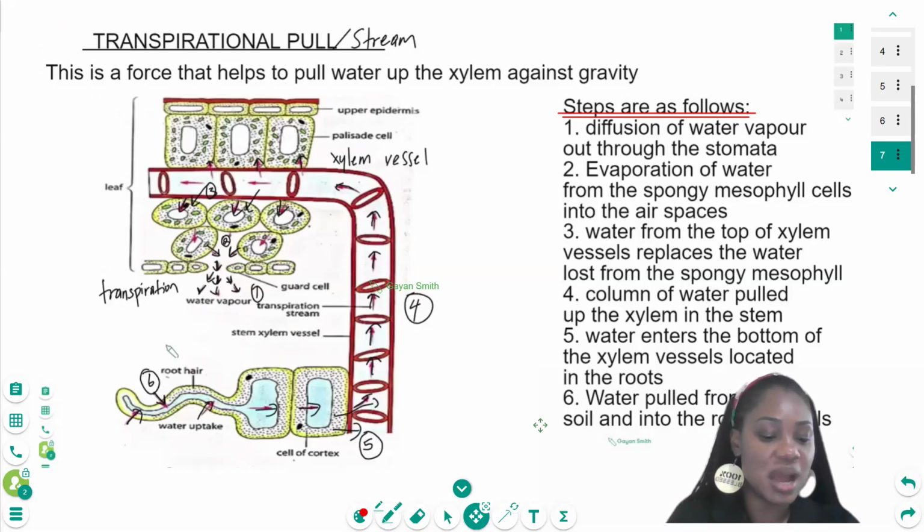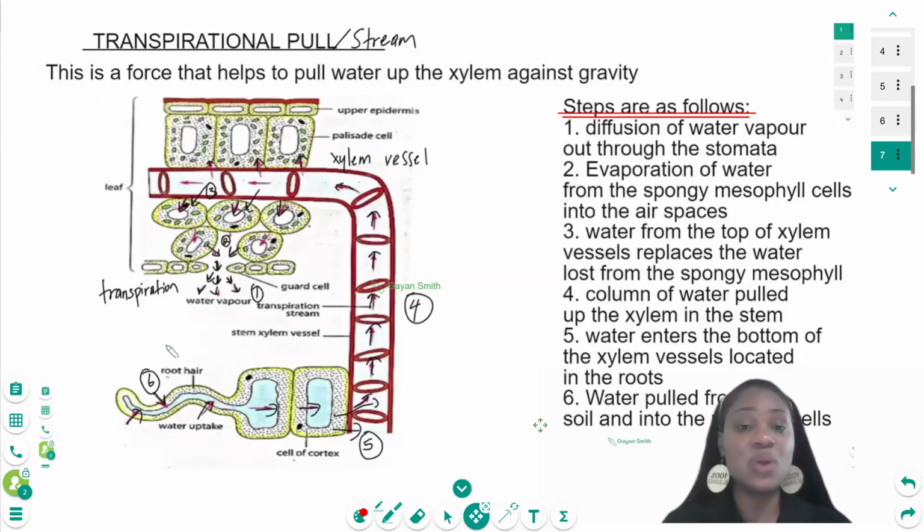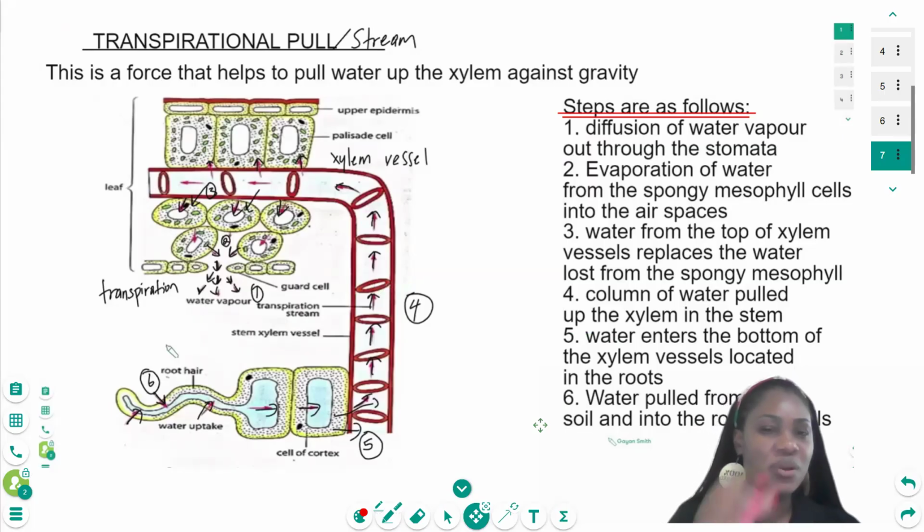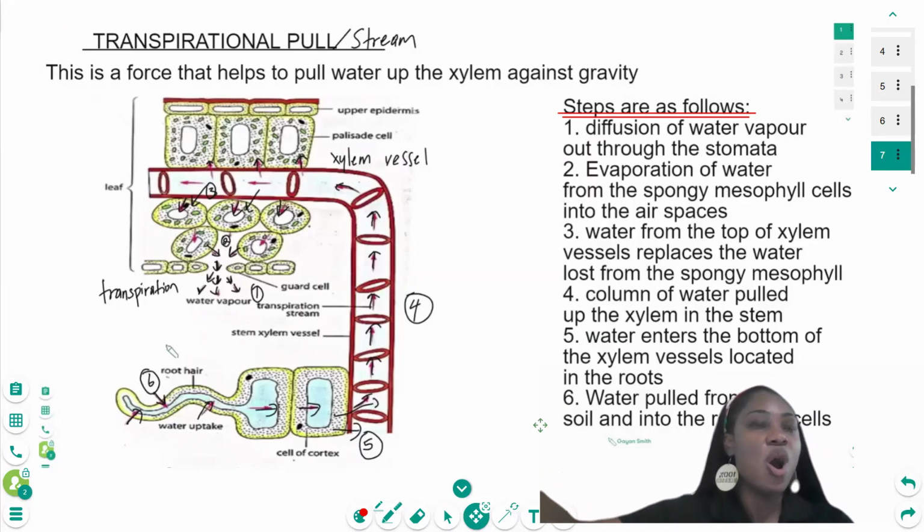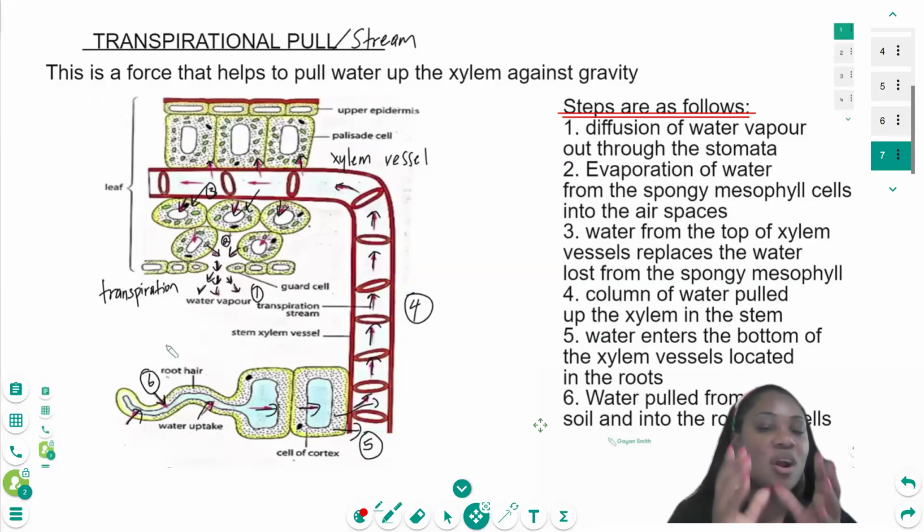I don't want it to be that the first time you're asked is in the exam. I want to condition you. So I provide you with these diagrams so that you can include them in your answers. Because when you're answering your CXC questions, even though they give you a bunch of lines, they are watching to see if you're going to just present one long paragraph, or are you going to spend time to organize it into points and even add illustrative diagrams.